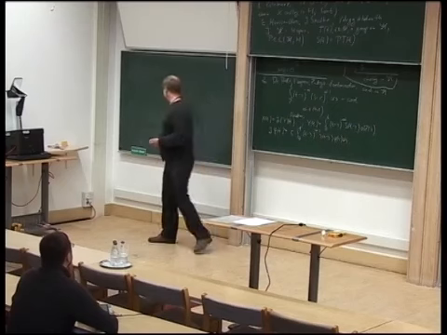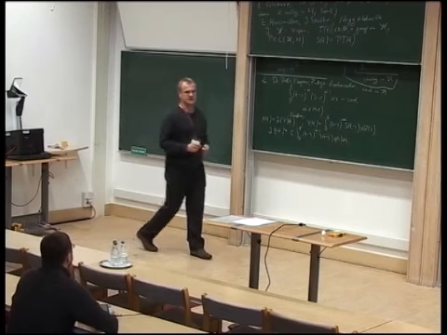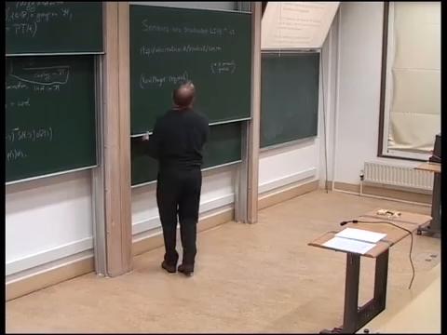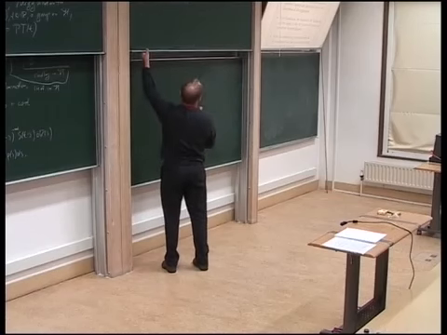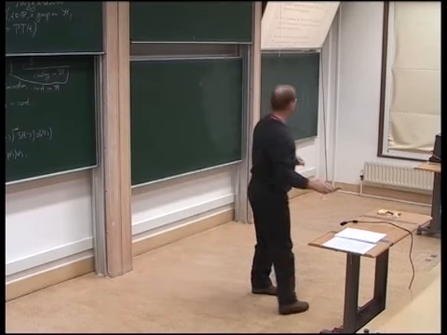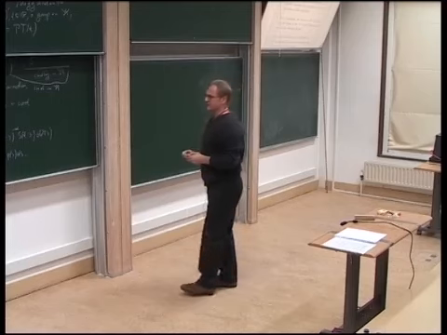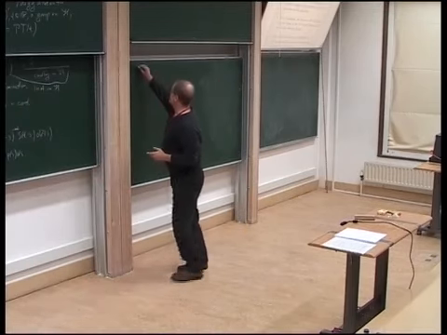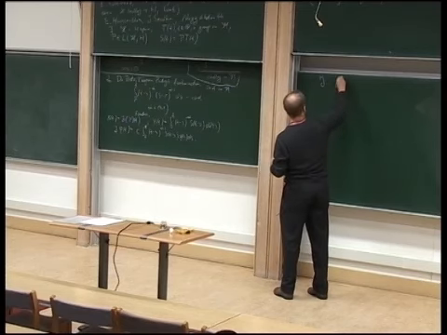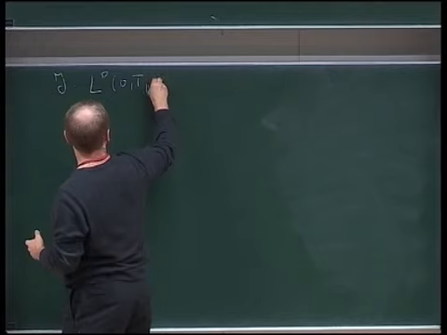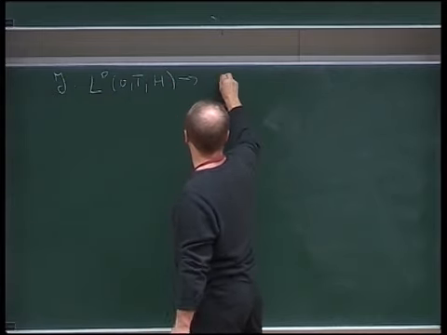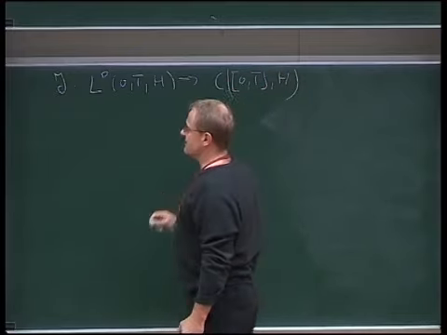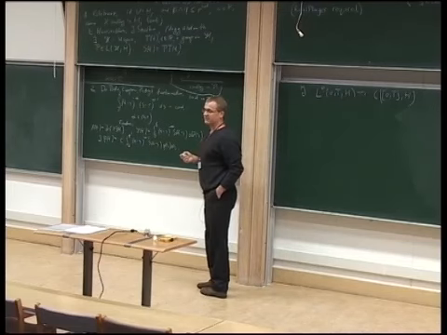But it helps because, at least in some cases, it's easy to see that J is a bounded linear operator from L^p(0,T; H) into C([0,T]; H), provided that p is large enough.